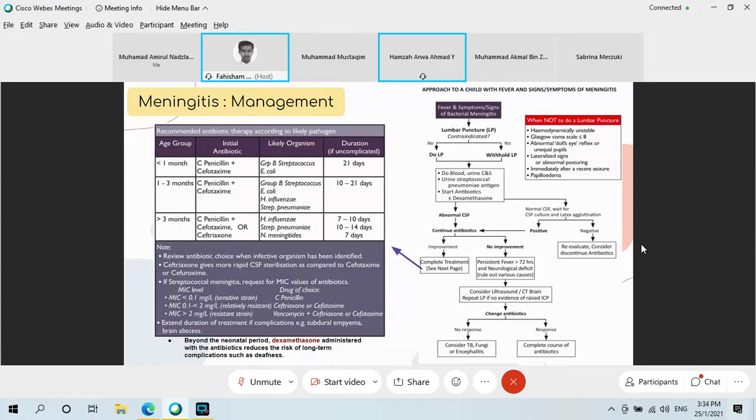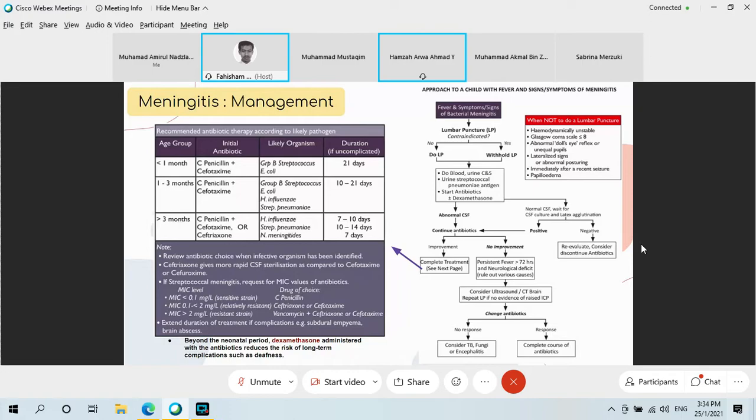Anything else? Why is it important? The other thing which is important is Neisseria meningitidis. Why is it important to identify Neisseria meningitidis? Antibiotic treatment, correct. But the other thing is, where does Neisseria like to stay?